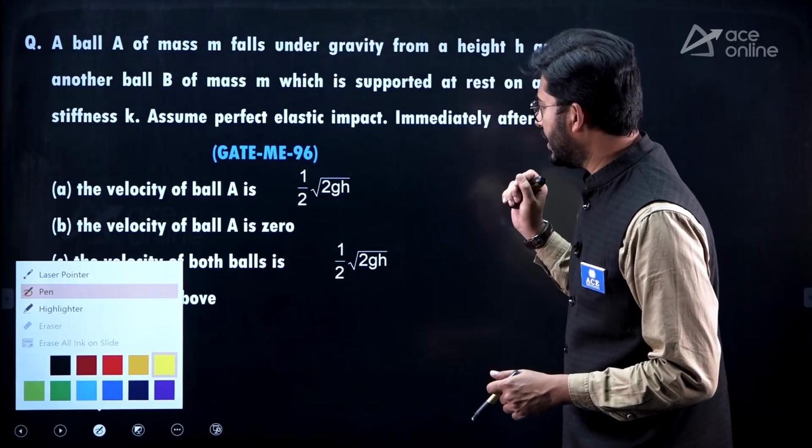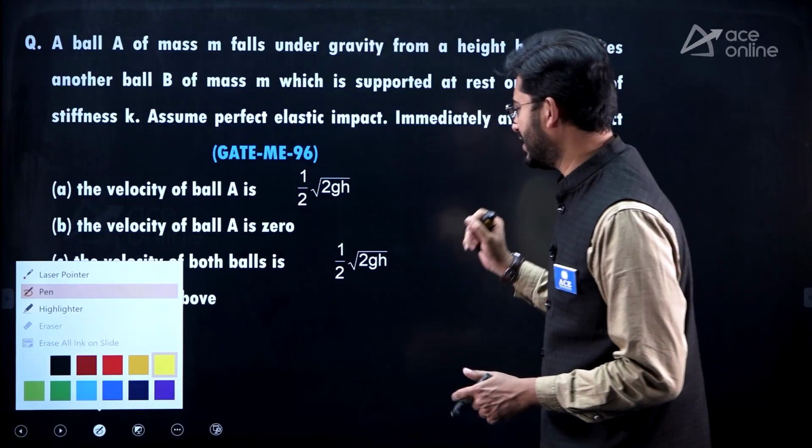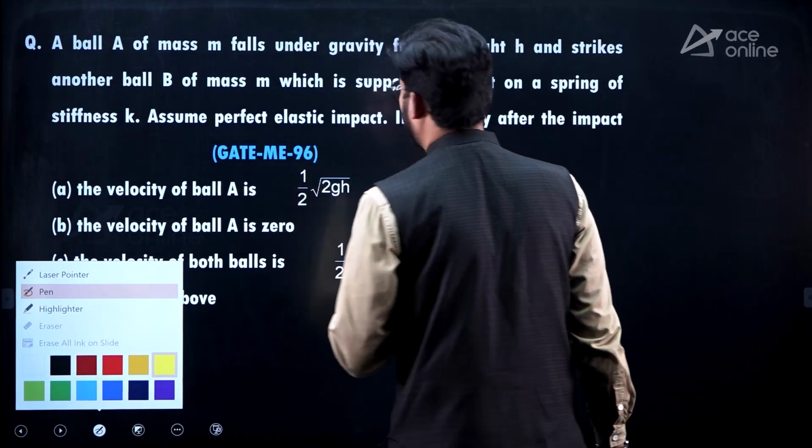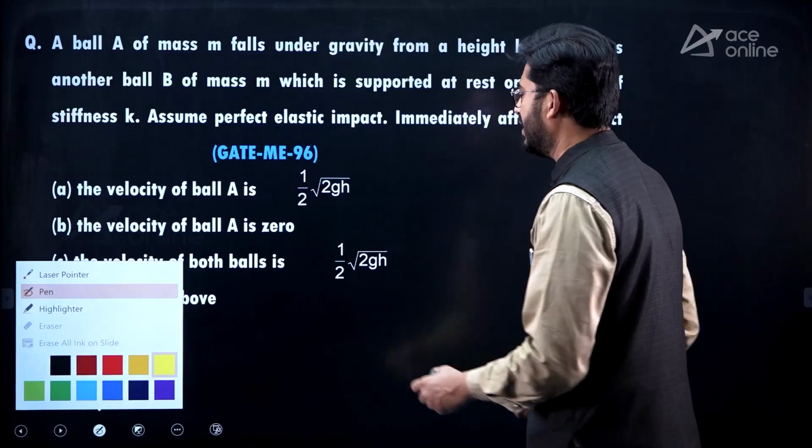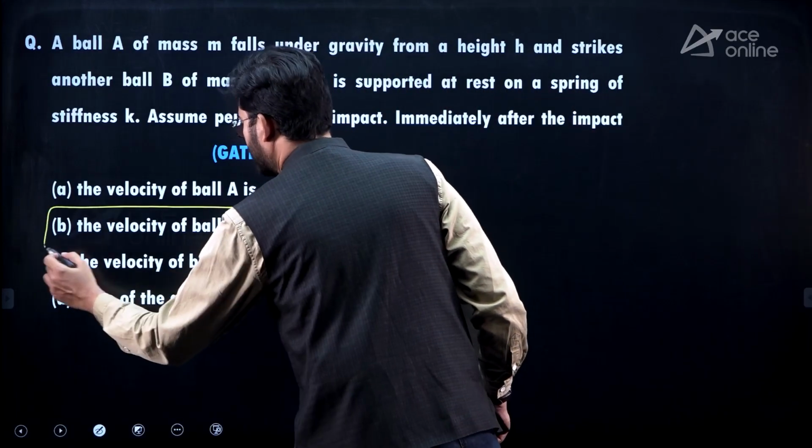So if the perfect elastic impact is there, then initially the velocity of B was 0 and now the velocity of A will become 0.